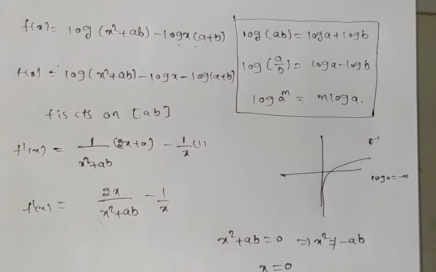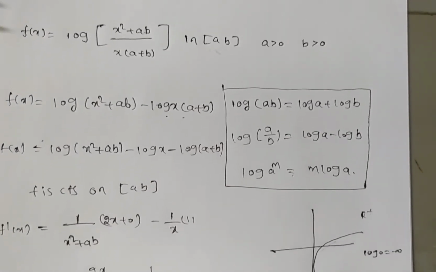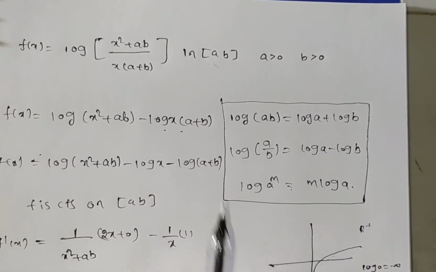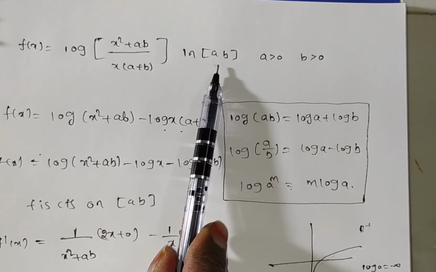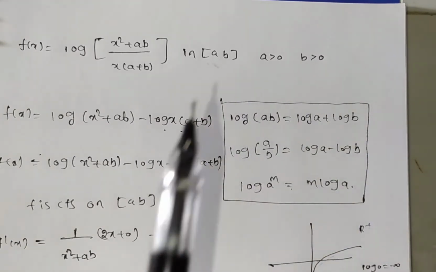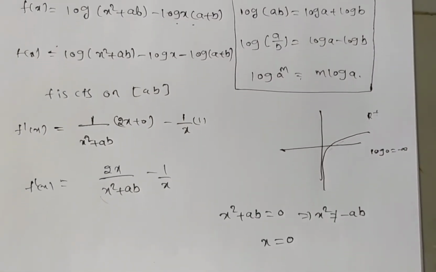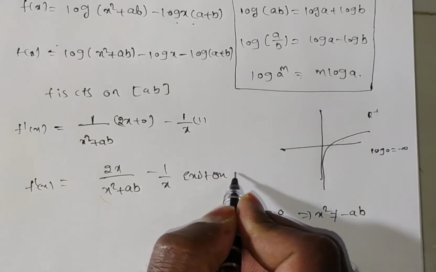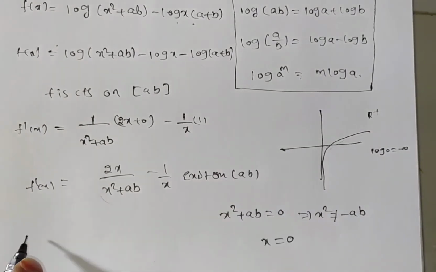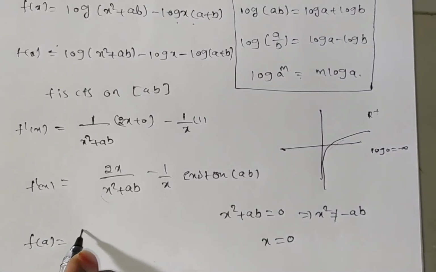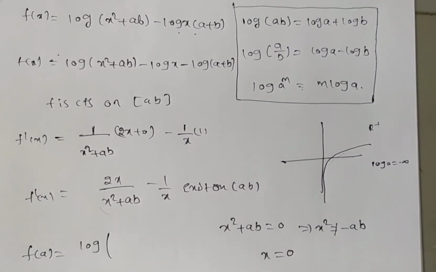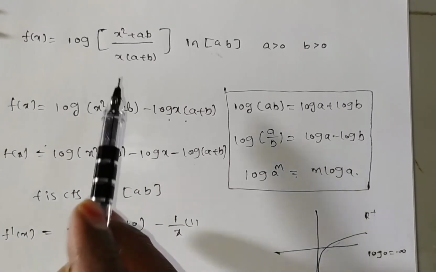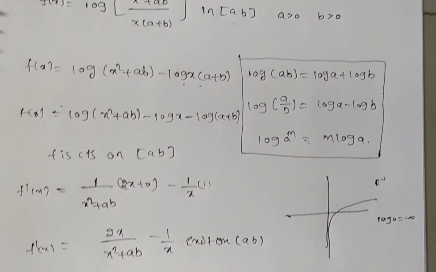But here they clearly mention both a and b are positive. Is 0 in closed [a, b]? No, because a and b are both greater than 0. So this also exists on open (a, b). Now f of a you have to check. F of a is log of a square plus ab by a into a plus b.